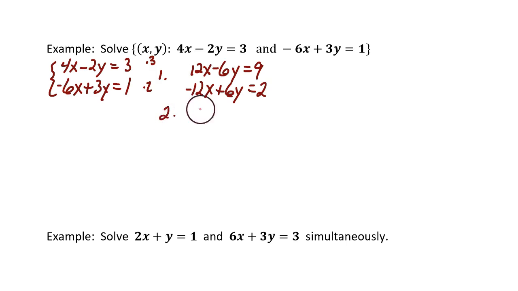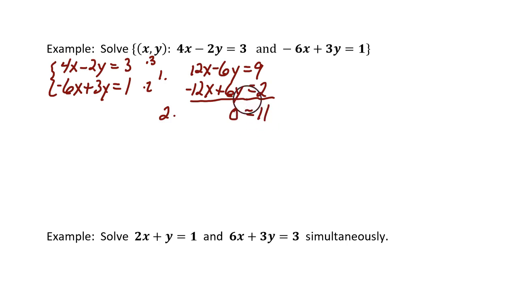Then in step 2, we combine these together by adding. 12x and negative 12x makes 0. Negative 6y and positive 6y makes 0. And on the right side, 9 plus 2 is 11. Something interesting happened. 0 equals 11 is a false statement.